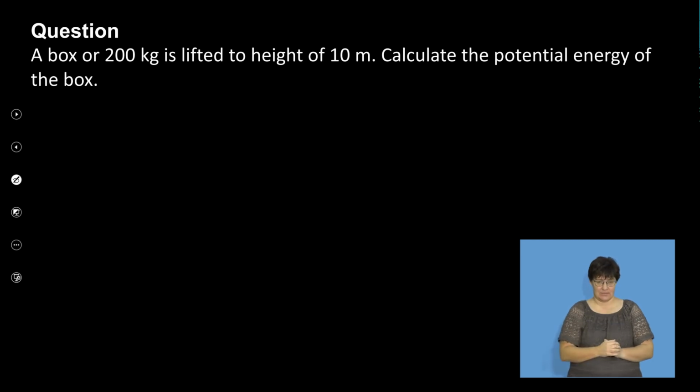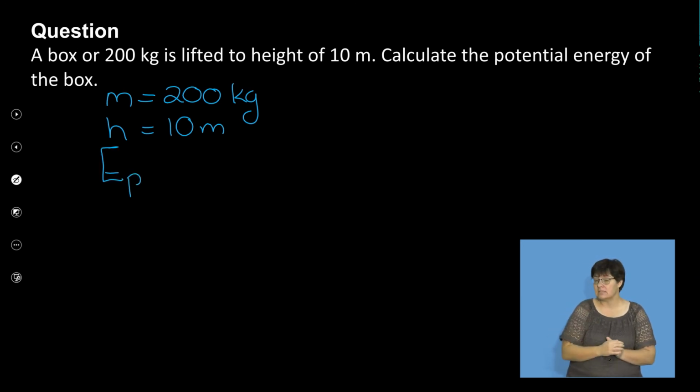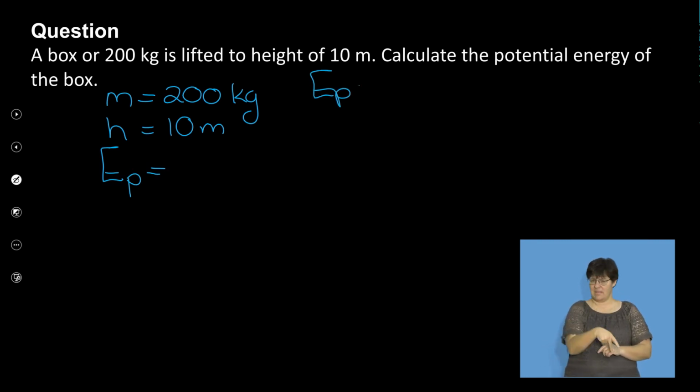We have a box of mass 200 kilograms. They tell me that it's a height of 10 meters. They want the potential energy. We've done this lots now, so we can do this. So potential energy is mass times gravity times height.